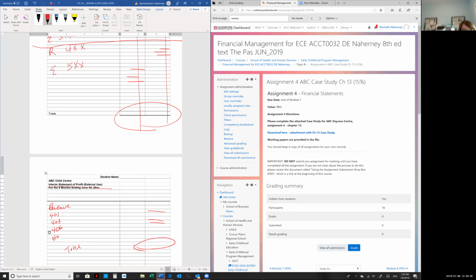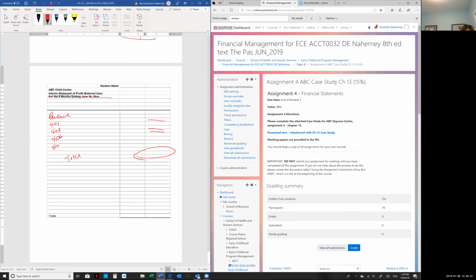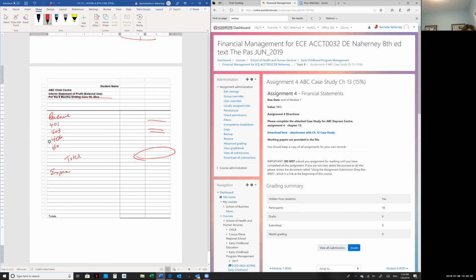Then, sorry, I'm going to get rid of my face there for a minute on the left, and I'm going to tilt my screen. Then we have expenses. 501 salaries all the way to 532, 535, whatever that number is, and all the expenses. And then we're going to have total expenses. And this is total revenue.